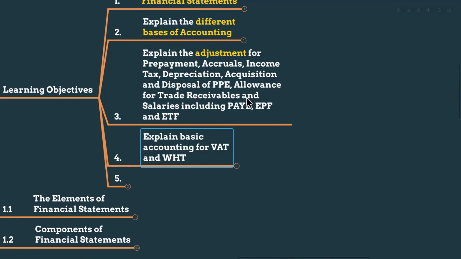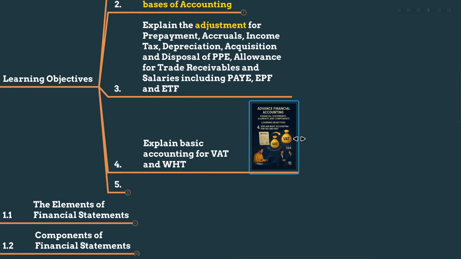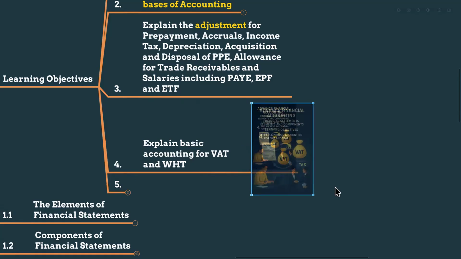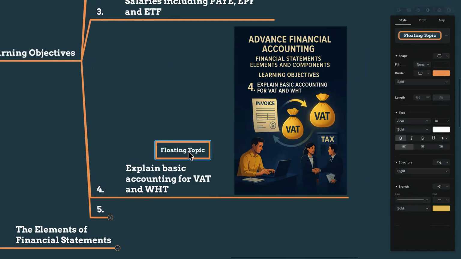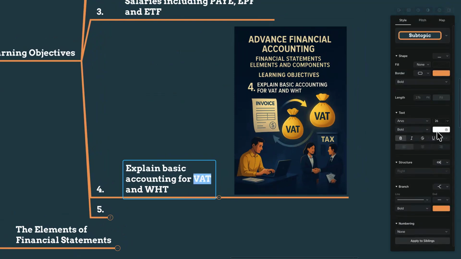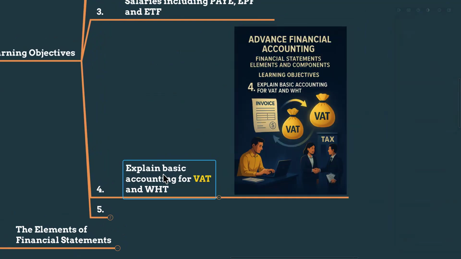Let's talk about the fourth learning objective, which is to explain the basic accounting for VAT and WHT. Normally, we are not going to do WHT calculations here. You will learn about these in the taxation subject. But we will explore VAT, value added tax.